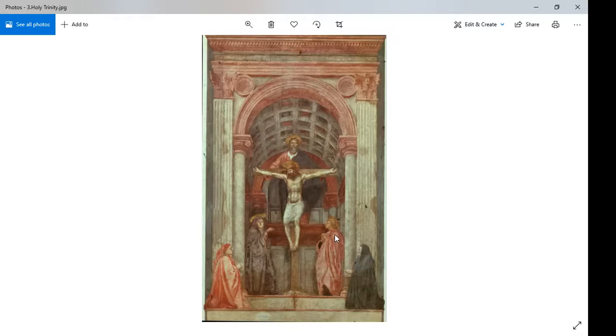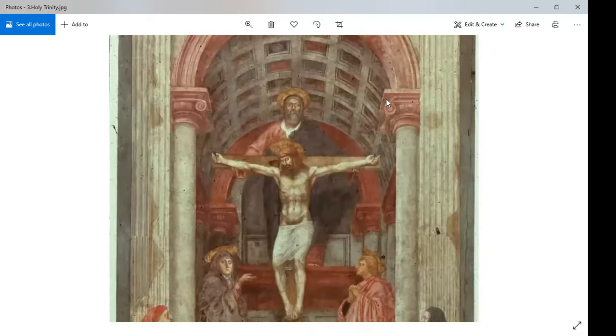Okay, the only other thing to say about this, about the scientific perspective, is how do we know that this had a common vanishing point? It's pretty easy. Look at these lines formed on the ceiling, on these panels, right between each set of panels. If you drew those lines to a vanishing point, they would meet down just below Jesus's feet.